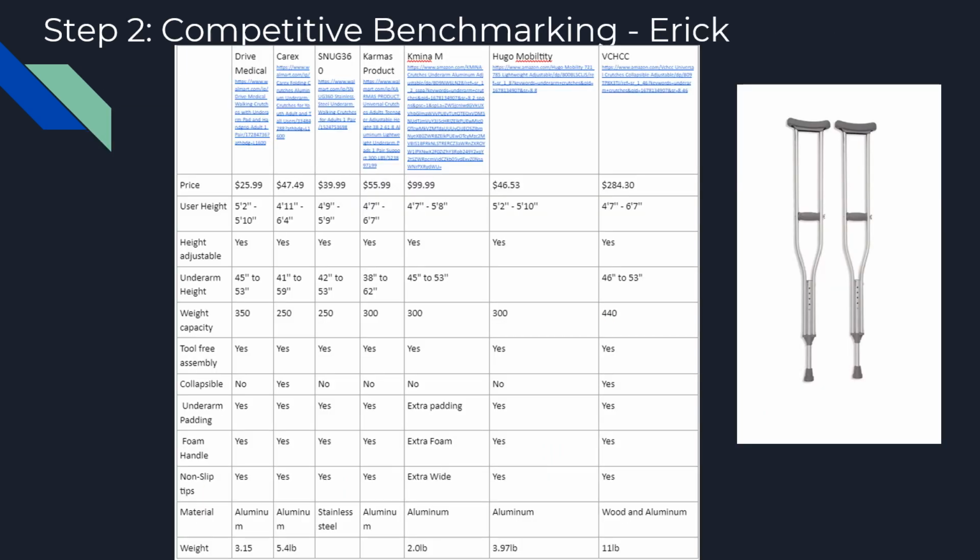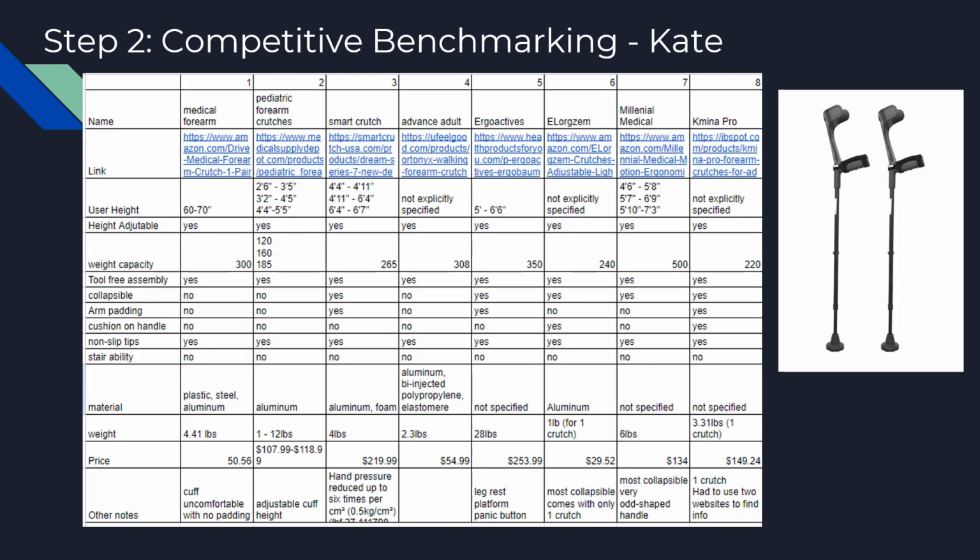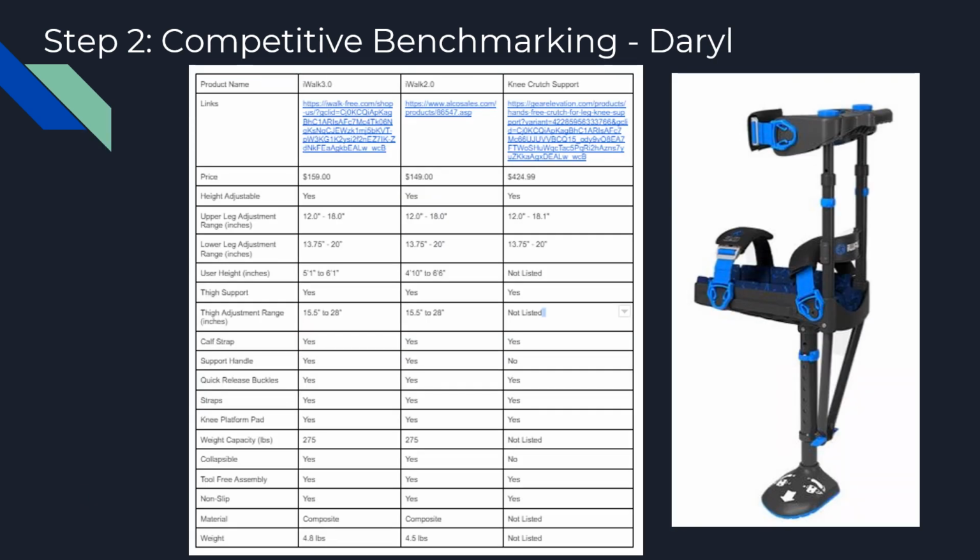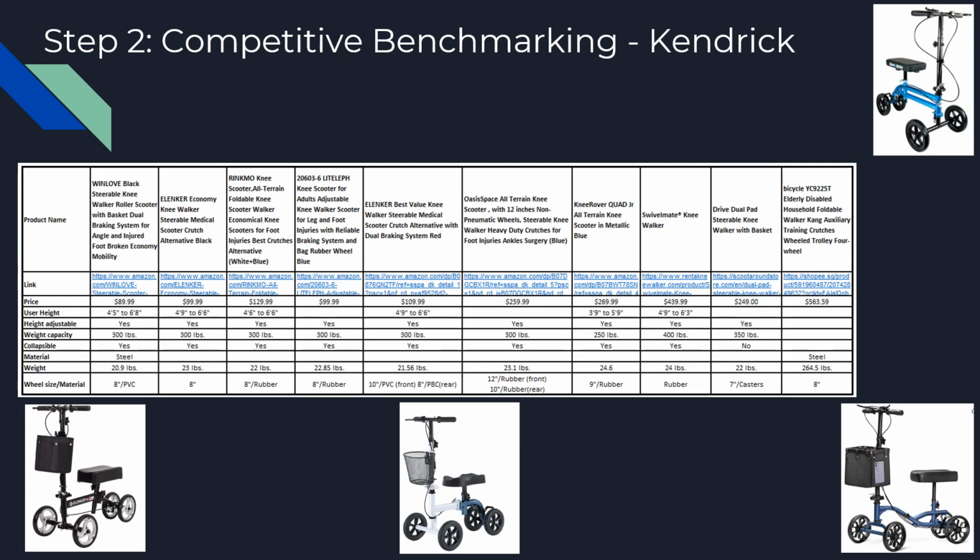Step two was competitive benchmarking. Each team member selected a family of walking aids and mobility devices to investigate. First, we took the traditional crutches, followed by forearm crutches, devices that attach to the injured limb that don't require the use of crutches, and finally, knee scooters.